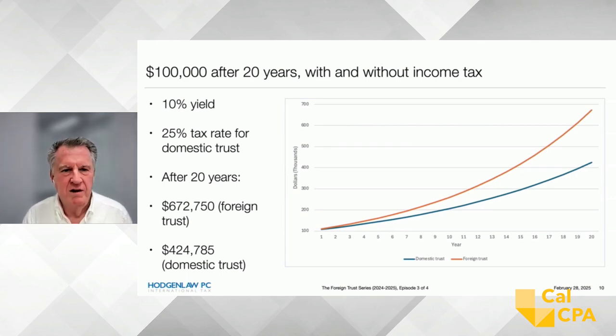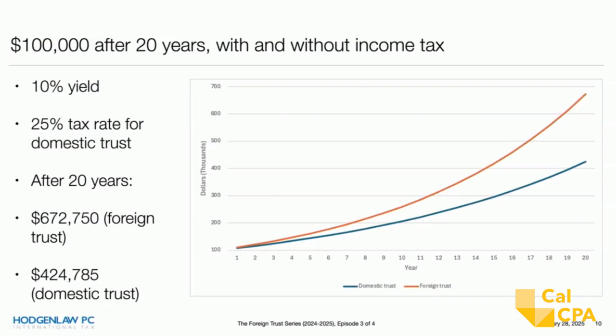So here's my little math that shows you the effect of starting with $100,000, waiting 20 years, investing it, assuming a 10% rate of return over the years, assuming the domestic trust pays a 25% tax rate and the foreign trust doesn't. At the end of the 20 years, there's 672,000 and change in the foreign trust and 424,000 and change in the domestic trust.